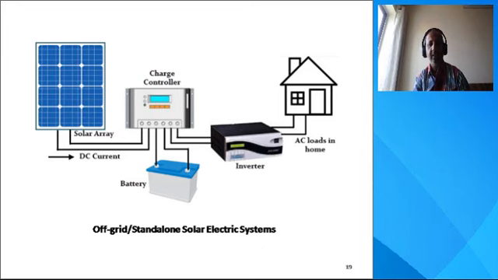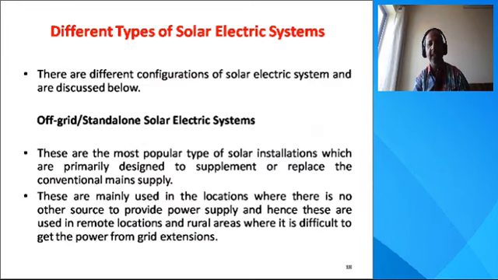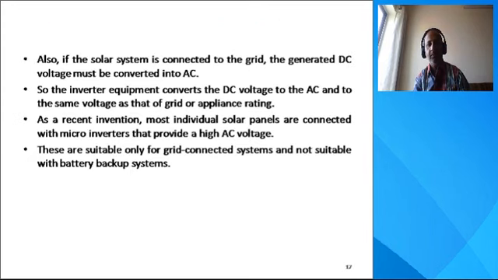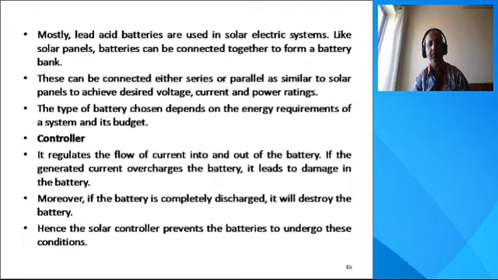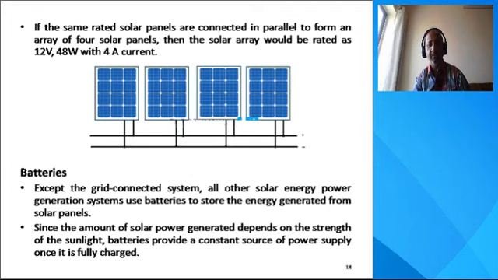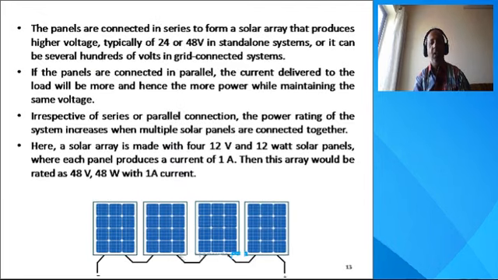Now, as we discussed earlier, cells when combined together can form solar panels, and when the panels are combined together they can form the array. As per our requirement, we can connect the panels in series or parallel combinations.